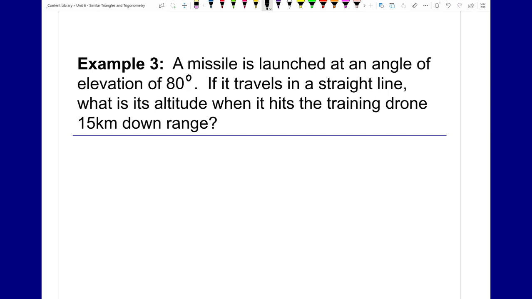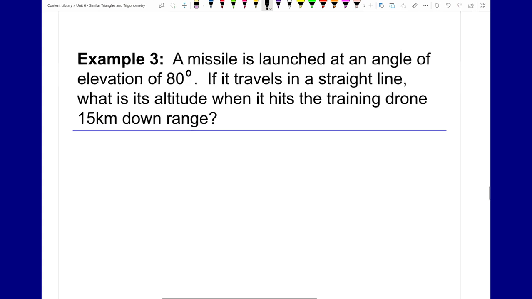With every scenario or application question, you're going to have to draw a triangle. For our purposes right now, we know it's going to have to be a right angle triangle.